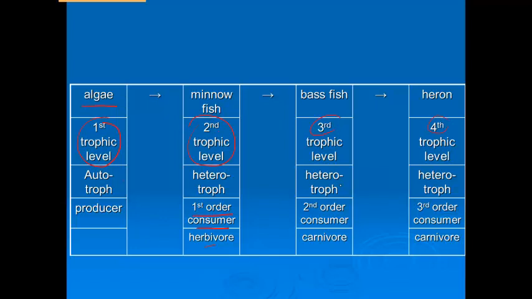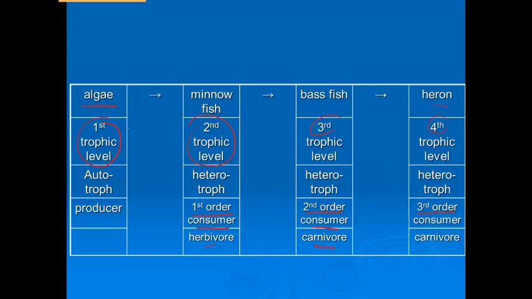It is also a heterotroph, meaning that it gets its energy from the minnow that it's eating, but it is the second consumer. It's the second consumer within our list here, and it's a carnivore because it's eating meat. And then you have a heron, who's kind of at the top of this food chain, also a heterotroph. It's the third consumer in the list.